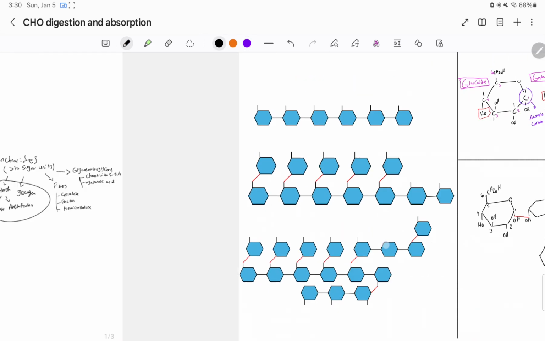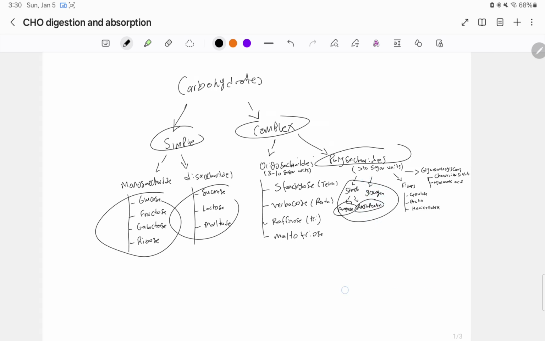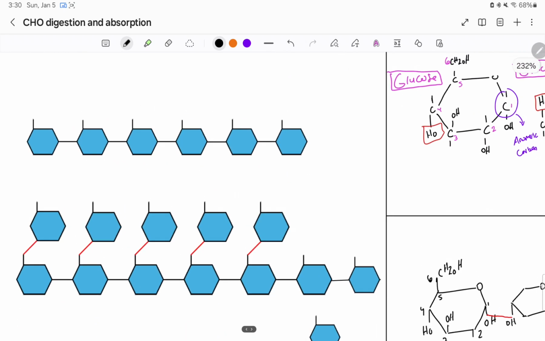Remember, if I go back a slide, I said that polysaccharides include starch, and starch is made up of amylose and amylopectin. We also have another kind of polysaccharide called glycogen, which is a storage form of glucose. This first one is a linear molecule, meaning there are no branches all over the place. It's linear, it's straight.